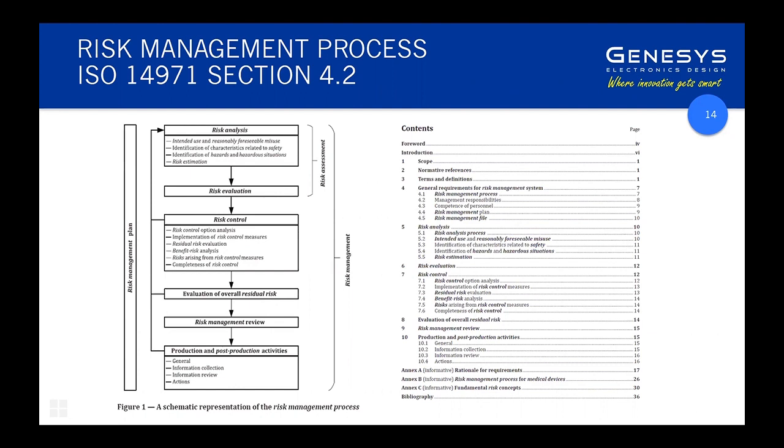So you see the risk management plan that Sue alluded to really is a document that's produced at the start of the project that says, how are we going to go about this process within the context of our particular system and product? Because although the flow chart is fairly generic in terms of what you'd need to do, the actual detail of that is highly dependent on the nature of the actual system or product you're dealing with, its complexity, and what its inherent risk profile is.